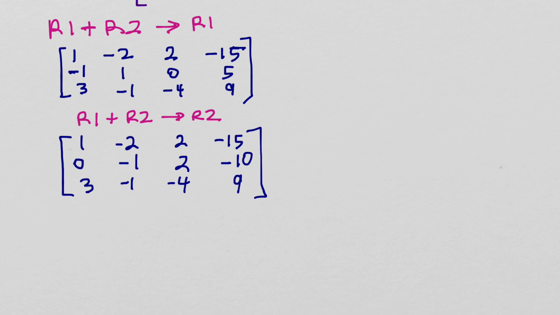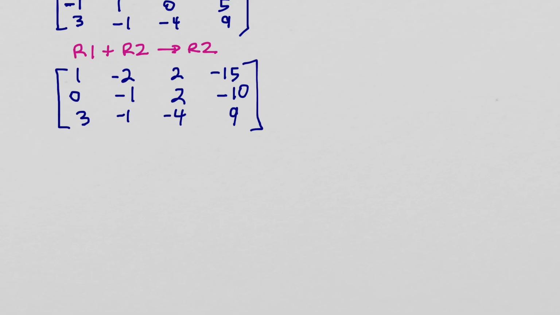And then we have that. So now we can use this one as a pivot to eliminate this 3 and make it a 0. So we would say -3 R1 plus R3 gives new numbers on row 3. So that would give us -3 plus 3, so that's 0. And then -3 times -2, that's 6.